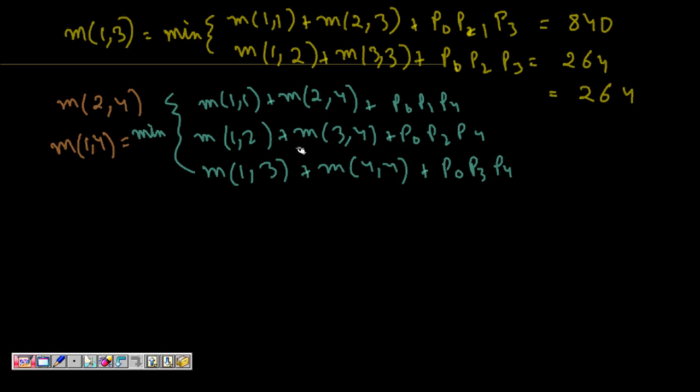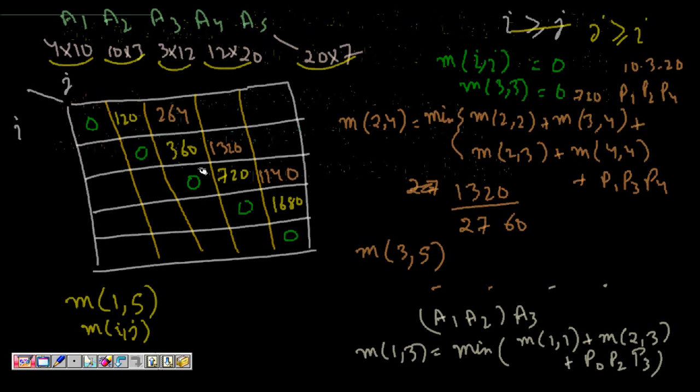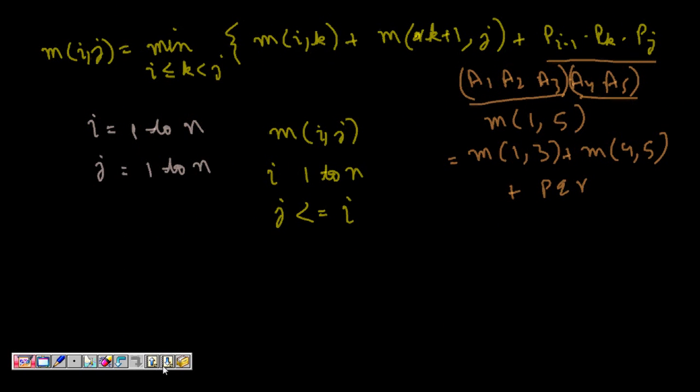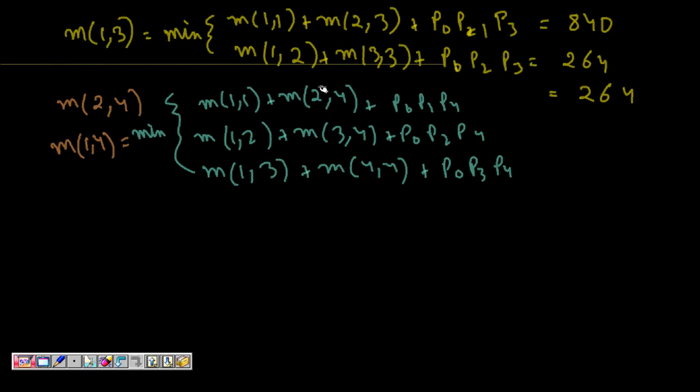Again, we already know all these values. M1,1 is known, and M2,4 is known, 1320 from the table already calculated. M1,1 will be 0.